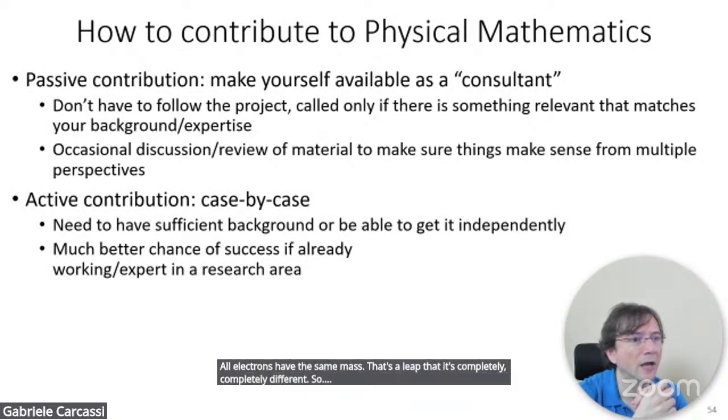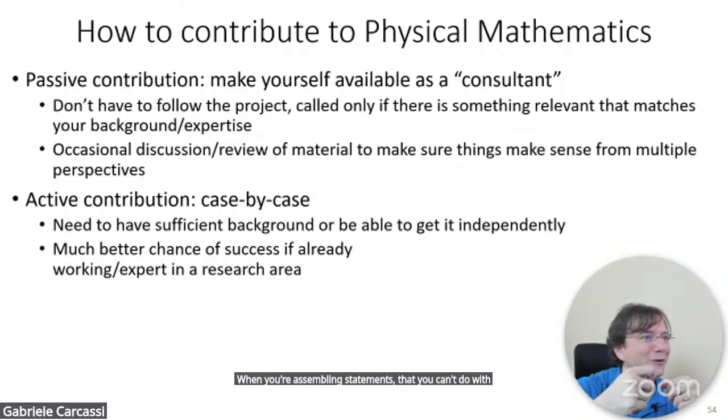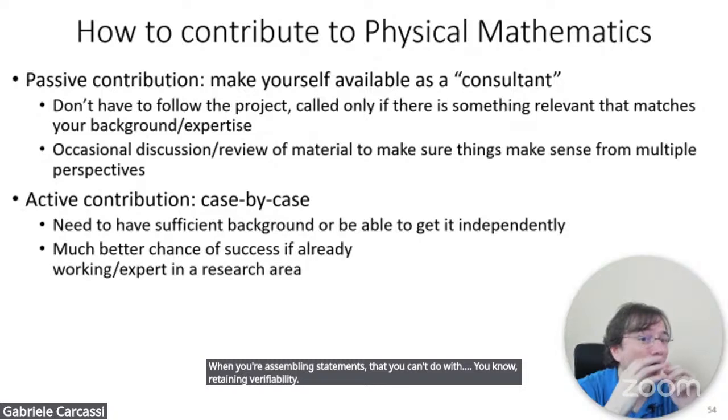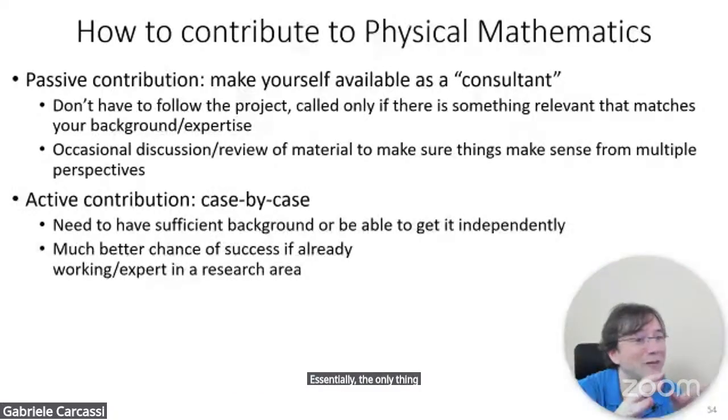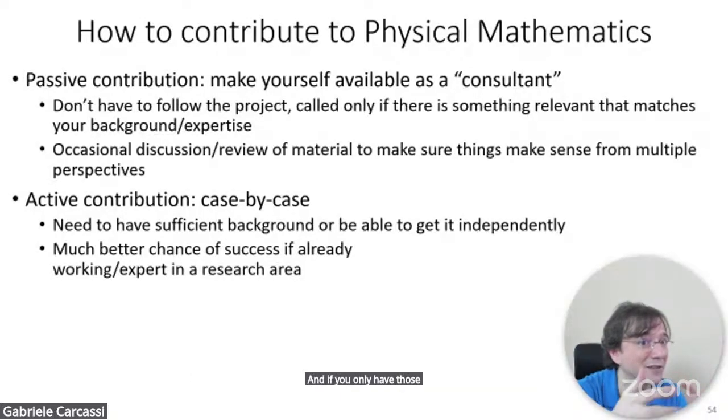So there are a lot of things that you can do in logic when you're assembling statements that you can't do while retaining verifiability. Essentially, the only things that you can retain while keeping verifiability are the finite conjunction and the countable disjunction. You can't do anything else. And if you only have those things, you can't construct a Gödel sentence.